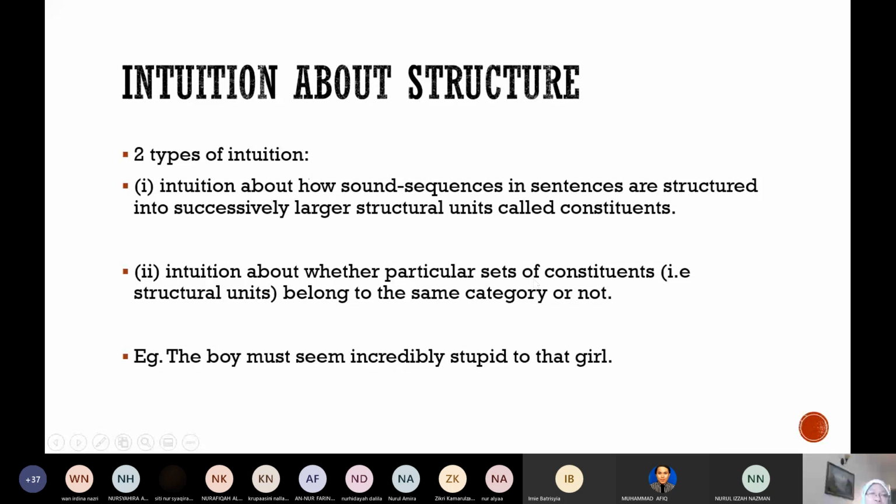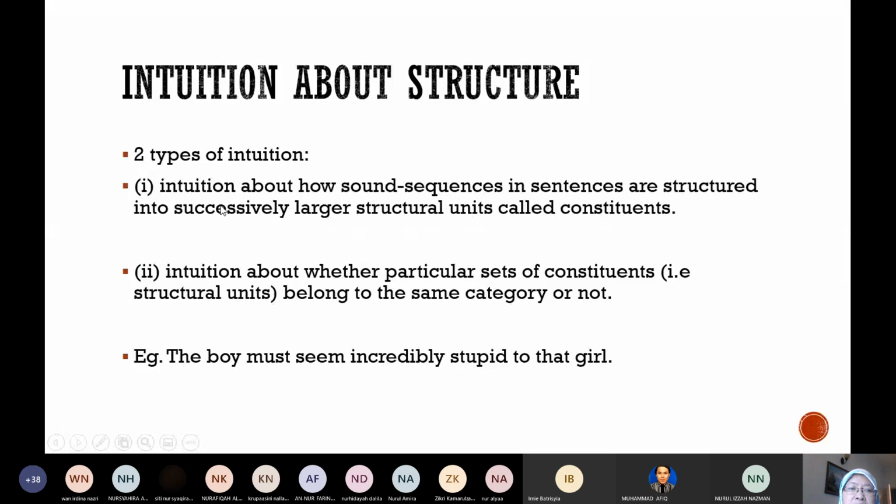Intuition about structure. There are two types of intuition. Intuition about how sound sequences in sentences are structured into successively larger structural units called constituents.